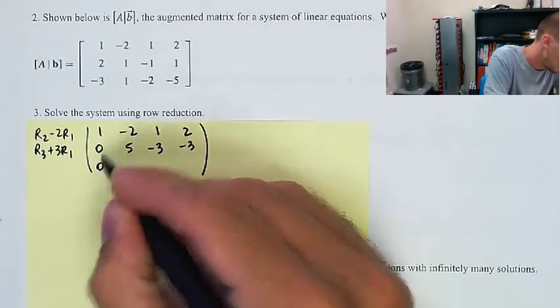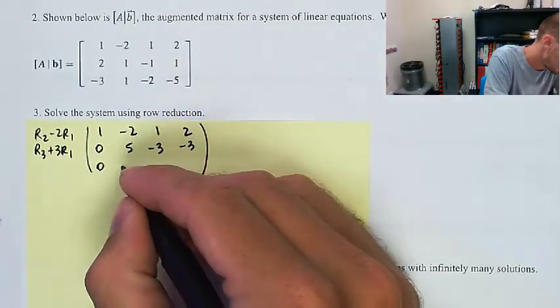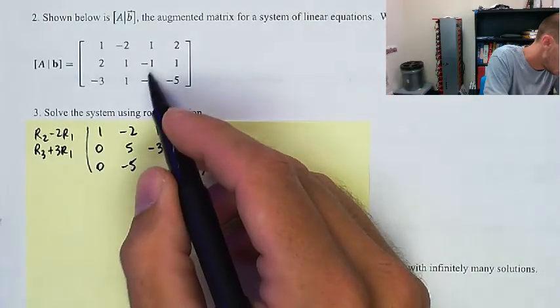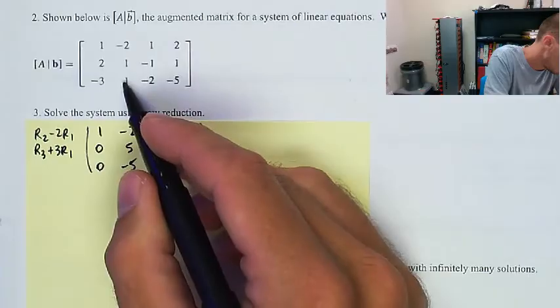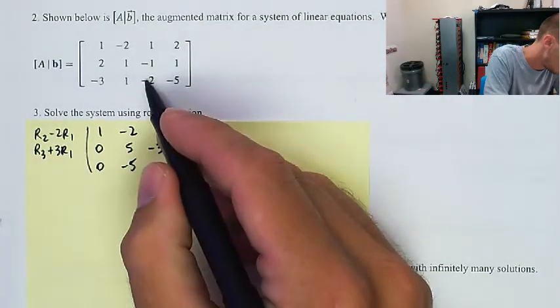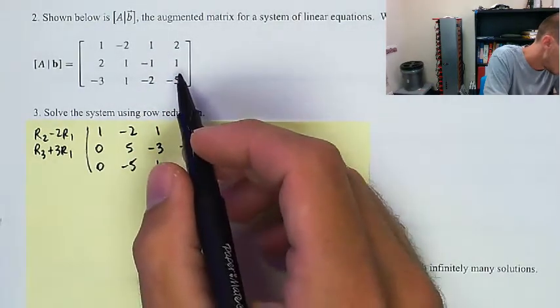Okay, then I'm adding 3 copies of that, adding 3 negative 2s, adding 3, 1 minus 6 is negative 5. Negative 2 plus 3 is 1.